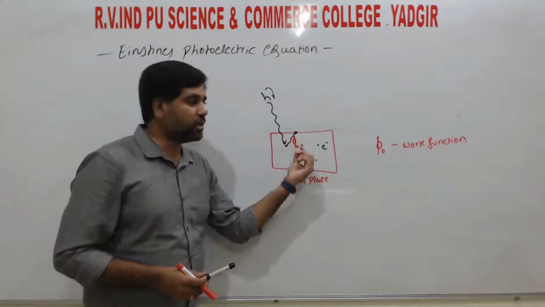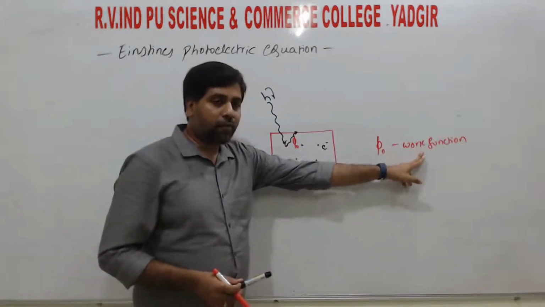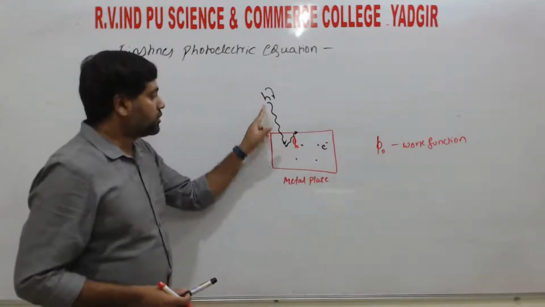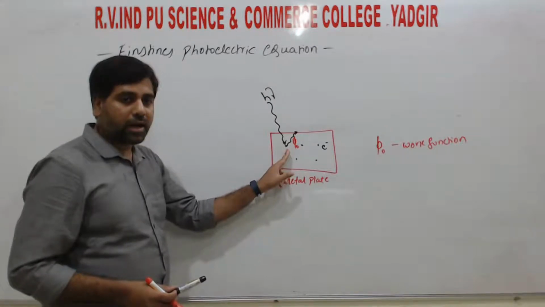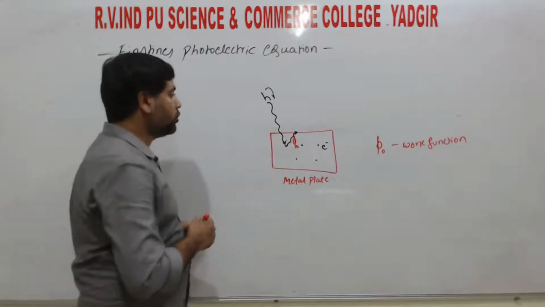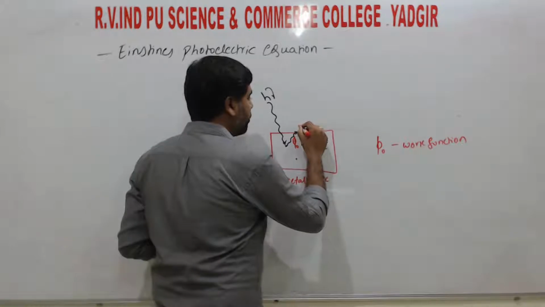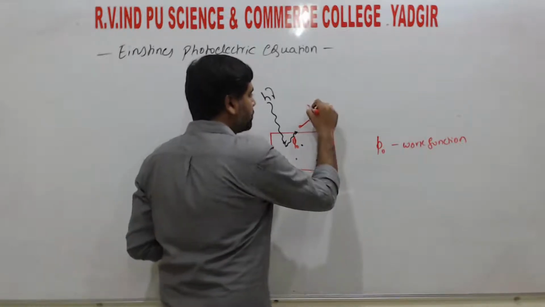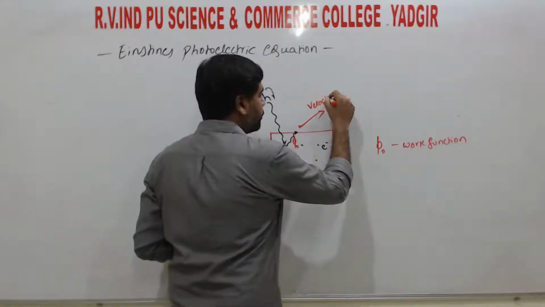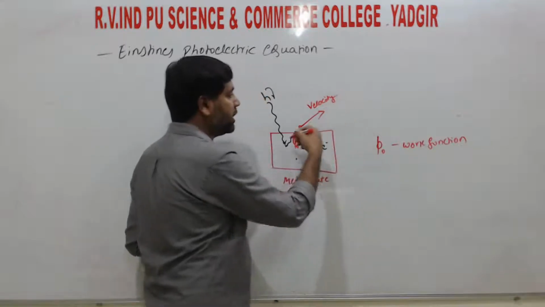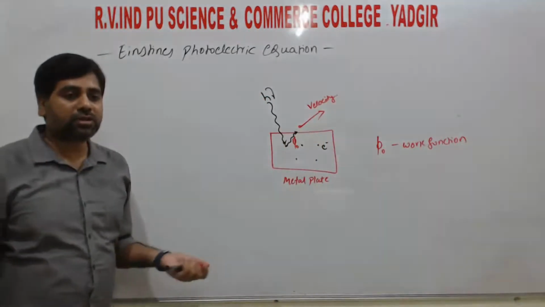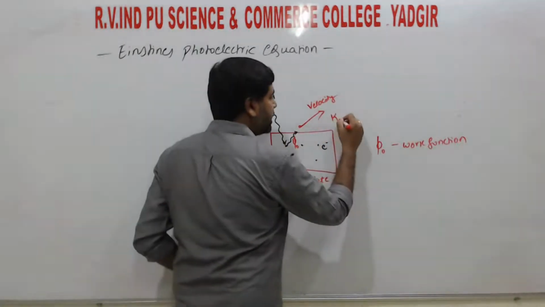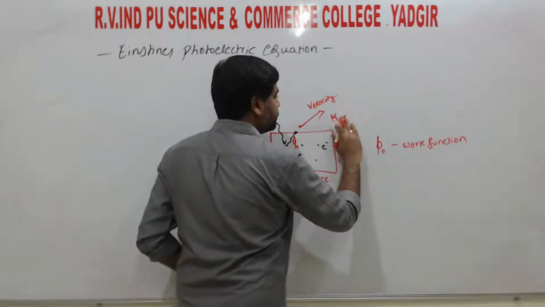That is the minimum energy. So that energy is the work function, right? So some part is absorbed here and the remaining part is utilized to escape out from this metal surface with a velocity. So it travels out with a velocity, which means it has kinetic energy.